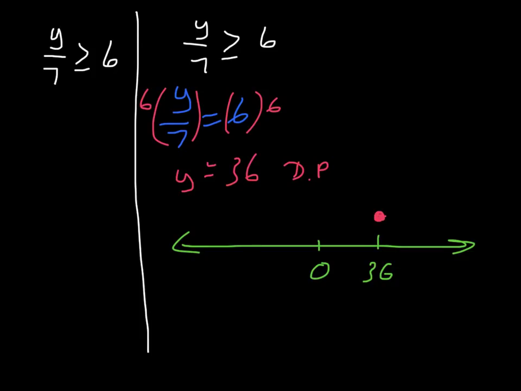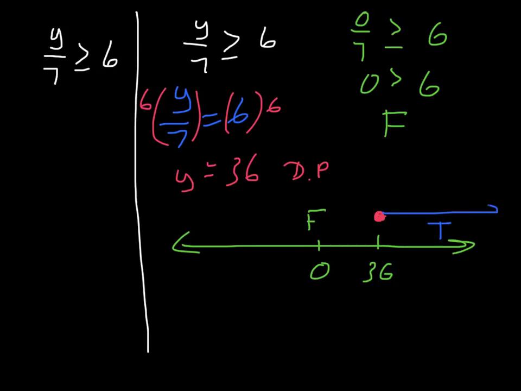So again, I'm going to test 0 here. I'm going to test 0 and plug it into 0 over 7 is greater than or equal to 6. So 0 is greater than 6. That, of course, is false. 0 is not greater than 6. Therefore, this side is false, which means this side is true, and my line goes towards the true side.